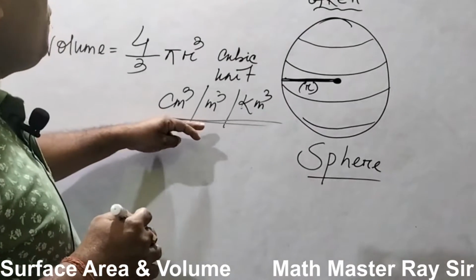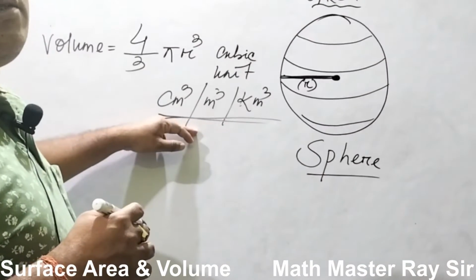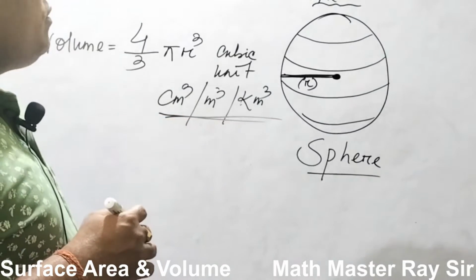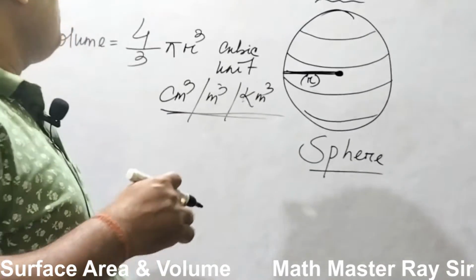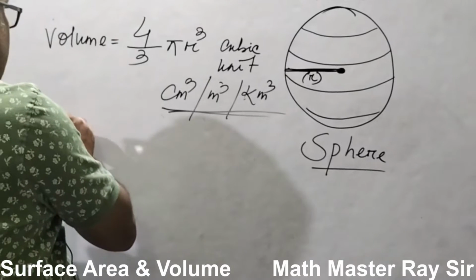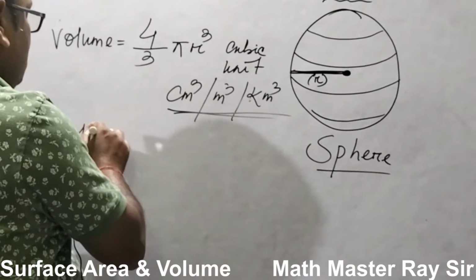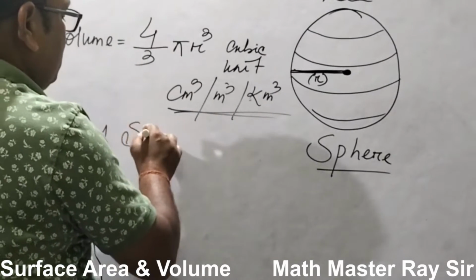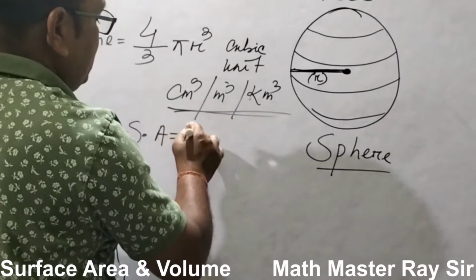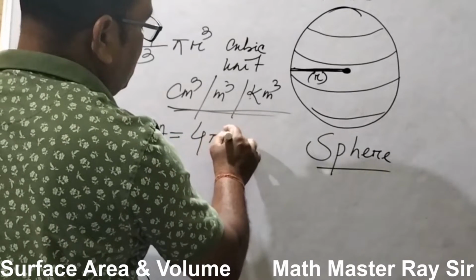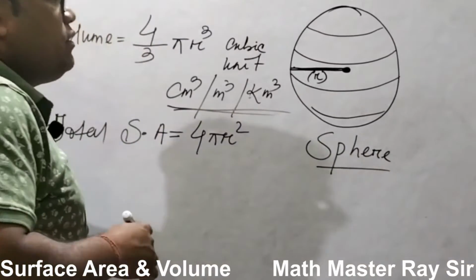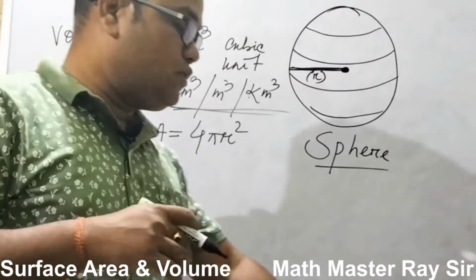If you forget to write the units, then it will be a mistake, the wrong one. So the total surface area is 4 pi r square.